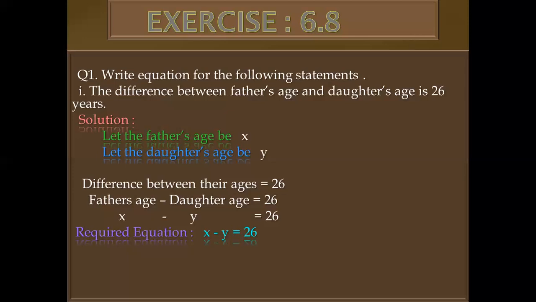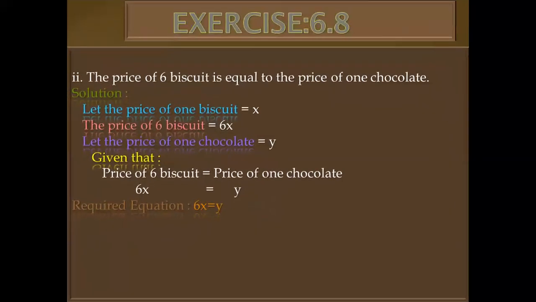The second part: the price of 6 biscuits is equal to the price of 1 chocolate. In this question, the word "equal" is already used. Again two quantities are given, biscuit and chocolate. It means we again suppose two variables, one for the biscuit and the other for the chocolate.